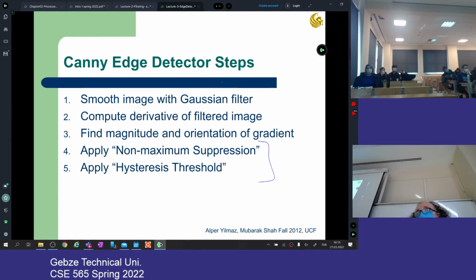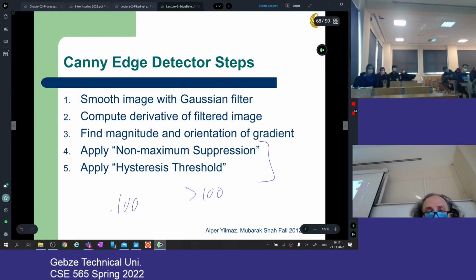Well, it looks like we will never get rid of the thresholds. Somehow we have to apply thresholds. Can you say that by choosing two thresholds instead of one threshold, our results will be more robust? We are not going to say anything above 100 is my edge pixels. We are going to say a little bit different things. I have two thresholds, 100 and let's say 50. Anything above 100 is very strong.